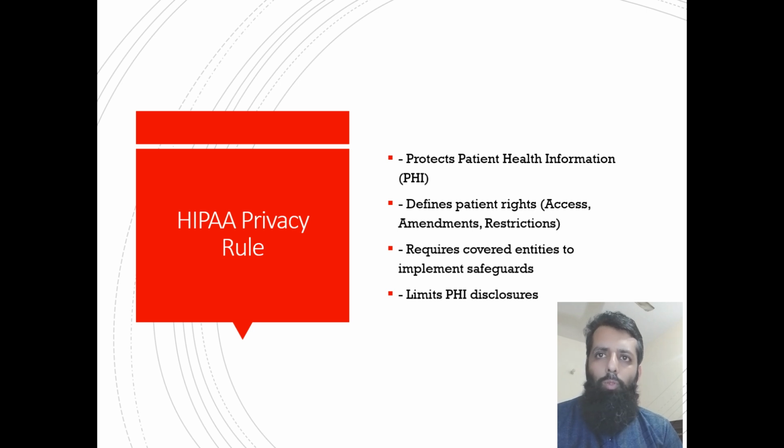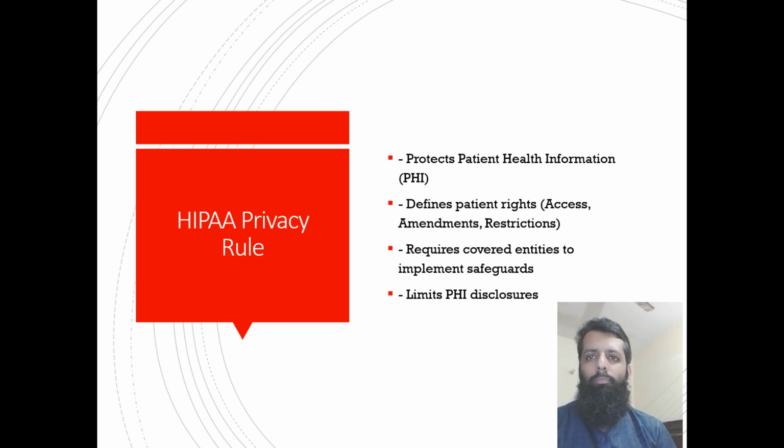Under the privacy rule, patients have several rights, including the right to access their medical records, request corrections, and control who their information is shared with. Our job is to make sure that we follow these rules and do not disclose patient information improperly.